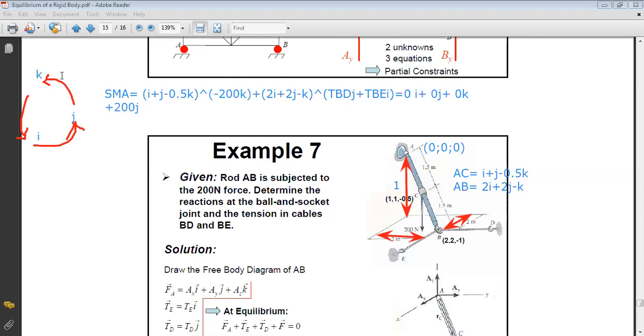If I do I vectorial K, I'm moving in the negative direction, so it's minus J. And already I have a minus, so it's plus 200 J.